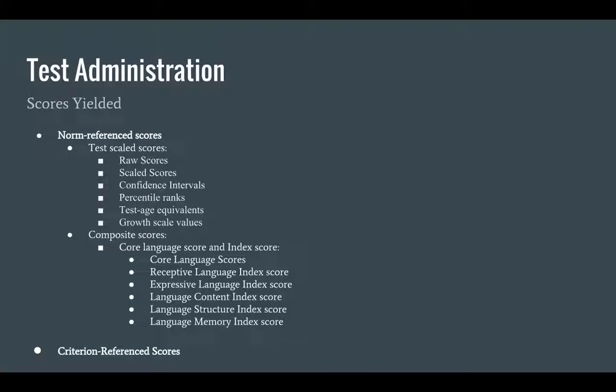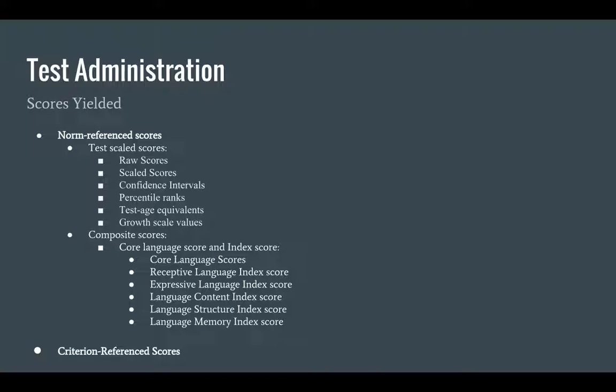So, the test scaled scores for the norm reference scores include raw scores, scaled scores, confidence intervals, percentile ranks, test age equivalents, and gross scale values. The composite scores are made up of the core language score and index score, which are further broken down into the core language score, receptive language, expressive language, language content, language structure, and language memory index scores.